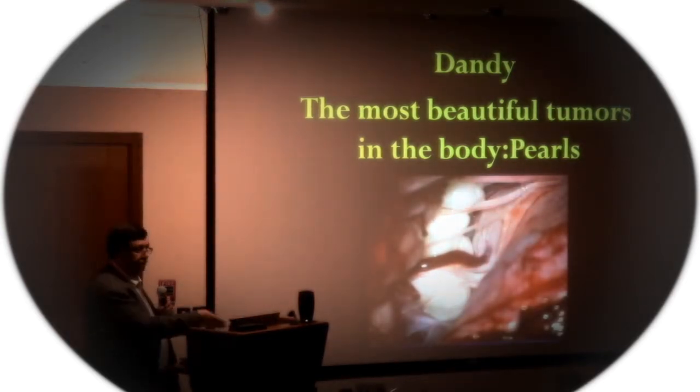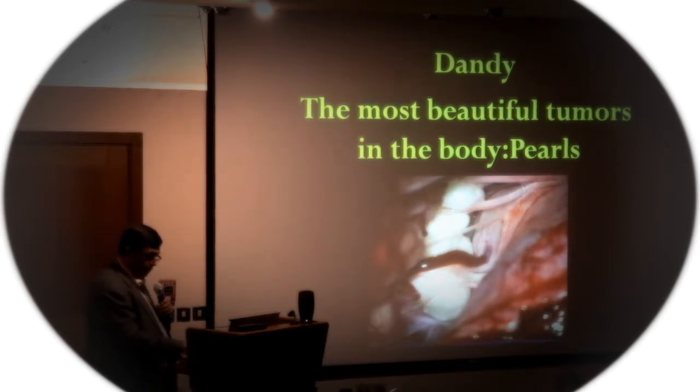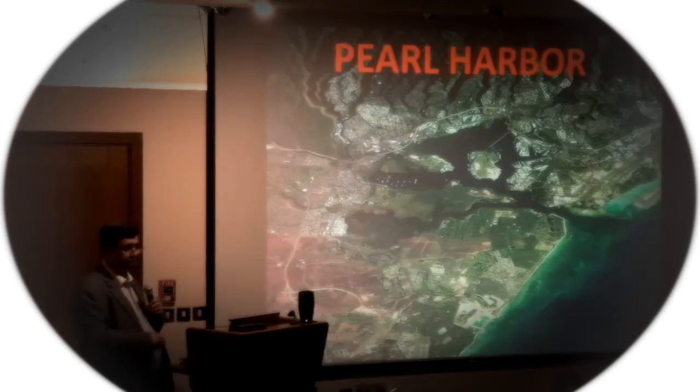And pearls, as you know, you have to swim under the water to go into these places where the pearls are present. Whenever there is deep water which is hidden, you can find pearls there. So the most famous word related to pearls is Pearl Harbor.